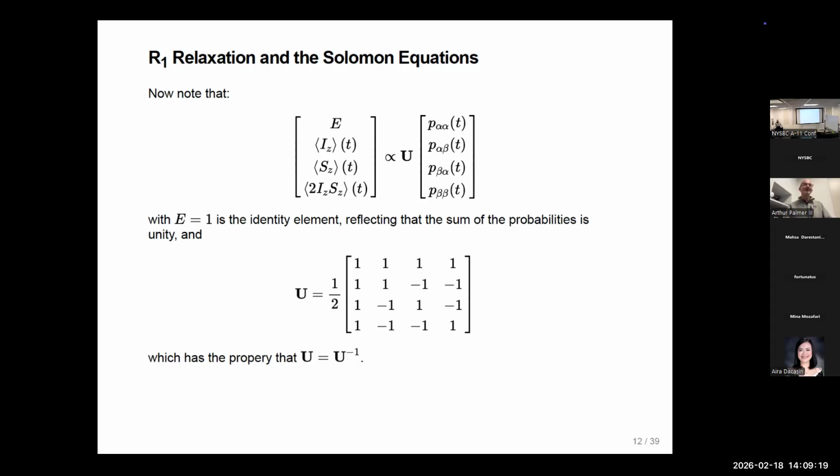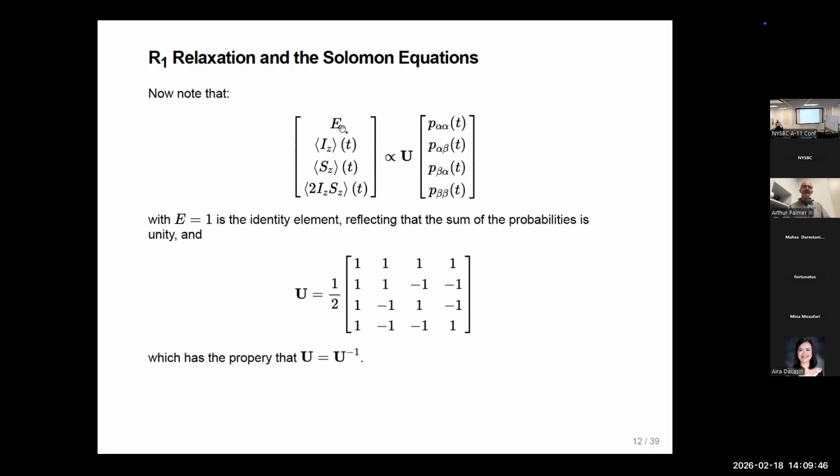I have 4 equations. If I'm taking linear combinations, the sum of the populations has to be 1, or the sum of the deviations has to be 0. But there must be a fourth thing, and that fourth thing is what we already know is 2IZSZ. So I want a matrix that turns these into these.